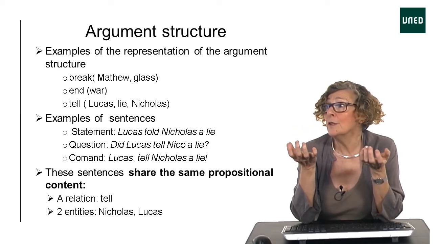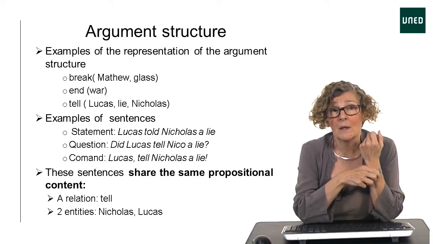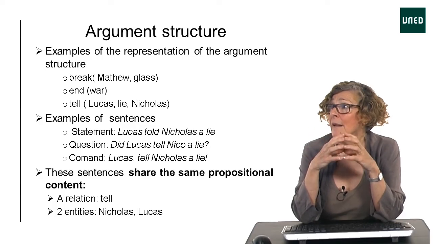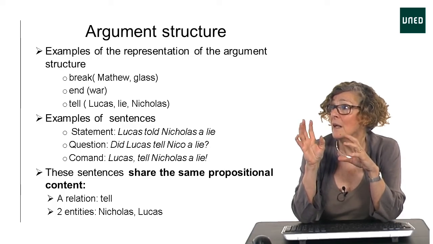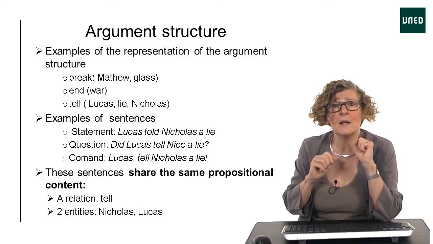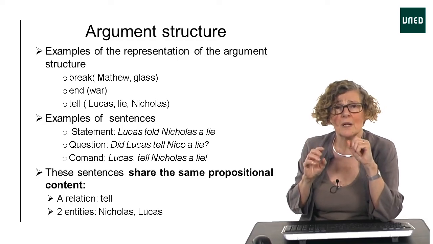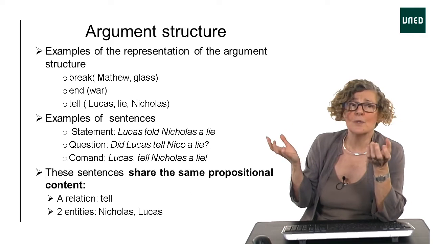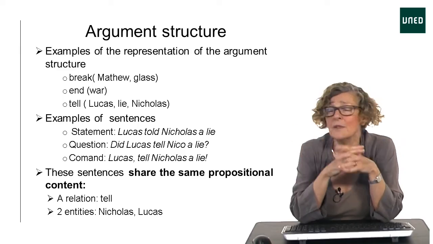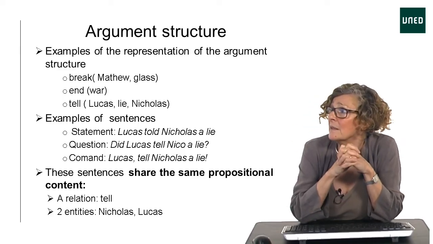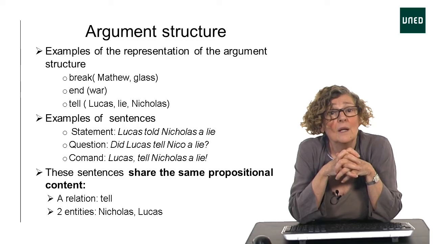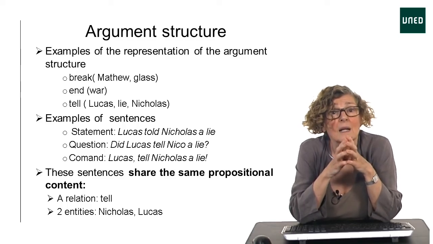Or another relation that is tell, and then three entities, Lucas, lie, and Nicholas. If we put these arguments and predicates together, we can produce, for example, three different types of sentences. We can produce a statement such as Lucas told Nicholas a lie, or a question, did Lucas tell Nicholas a lie, or a command, Lucas, tell Nicholas a lie.